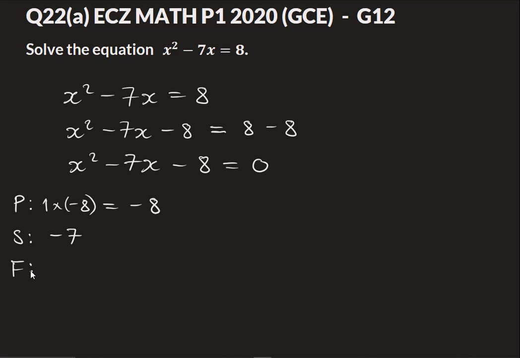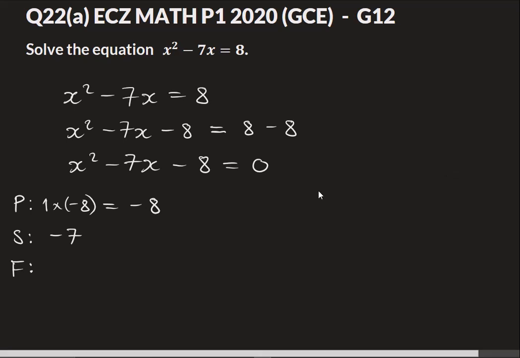The easiest way is always start from 1. 1 times certain number to give you -8. 1 times -8 gives me -8. But if I add 1 and -8, do I have -7? Of course I do. So this one is very simple. 1 plus -8.